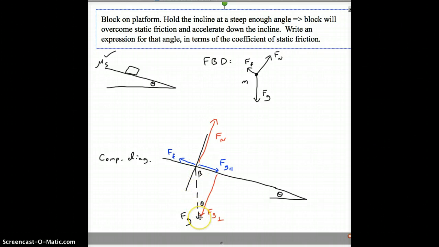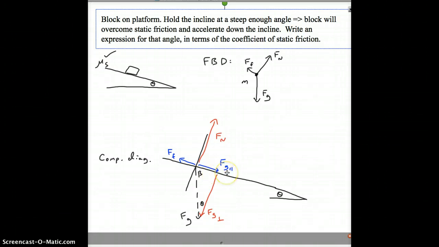So the force of gravity really is equal to the sum of the parallel and perpendicular components. Note that I draw the parallel component by dropping a line from the tip of the black vector perpendicular to the parallel axis. That's how you make a projection of a vector.